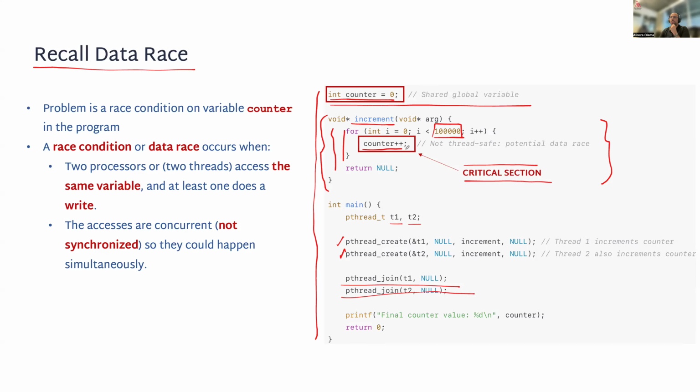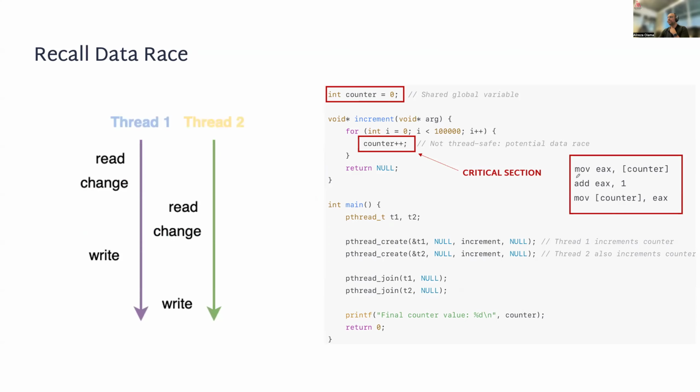So how many instructions are used for this operation to be performed? How many CPU operations do we have here? I think 3. Yes. So this is the assembly code for this critical section.